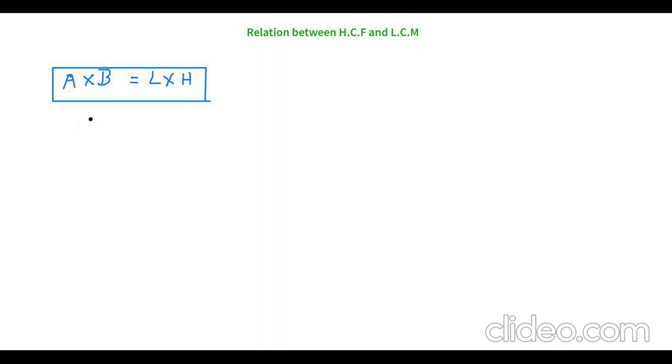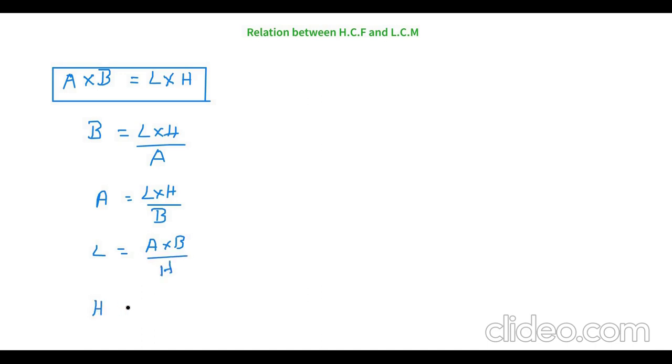Whenever they have given one number and the other number is asked, the formula would be B equals L times H by A. If A is asked, the same way, L times H by B. And if the LCM is asked, it would be A times B by H. And if H is asked, it would be A times B by L. So instead of remembering all these four formulas, we can only remember the first formula, which is A times B equals L times H, which is very easy.